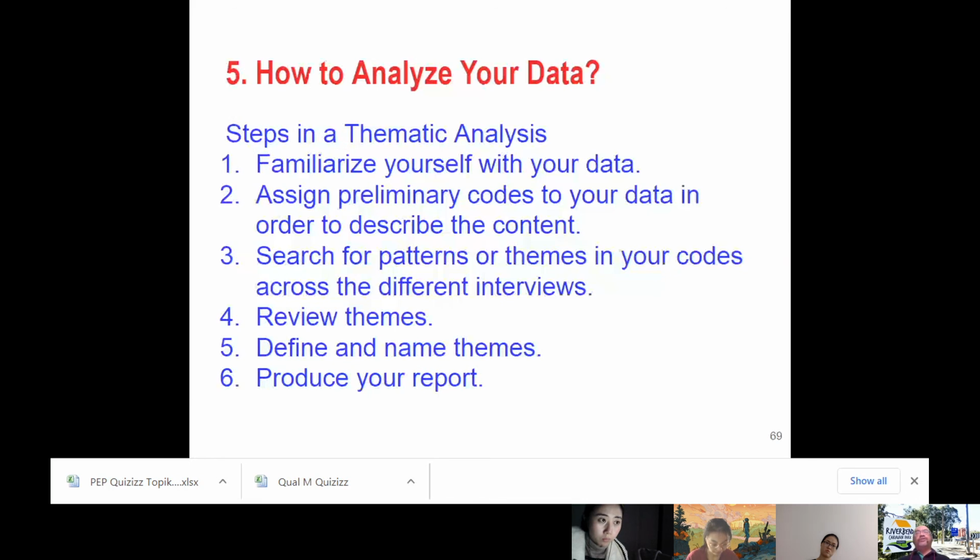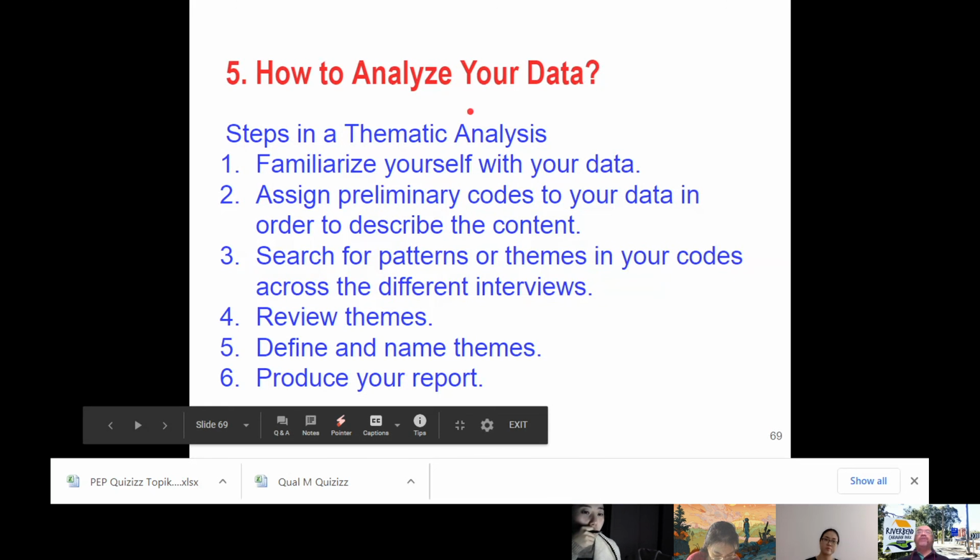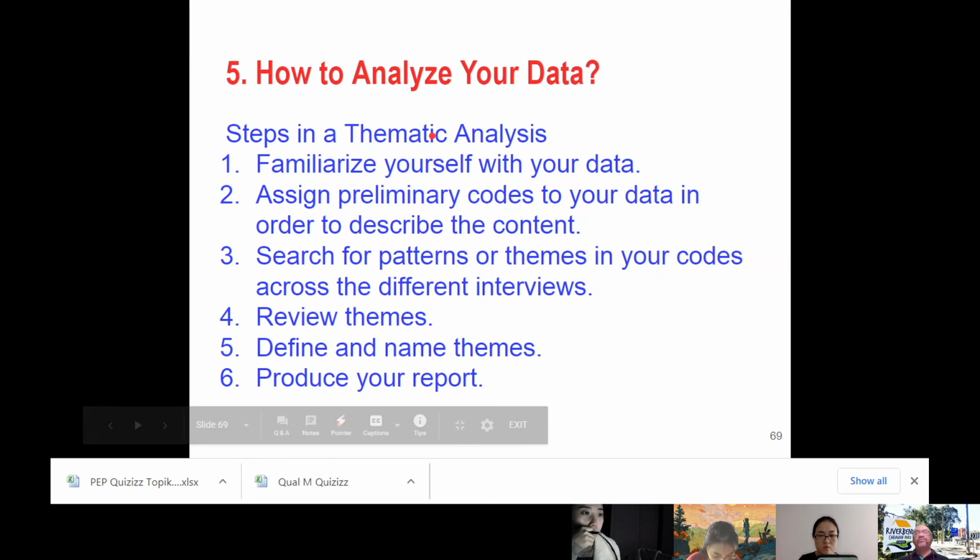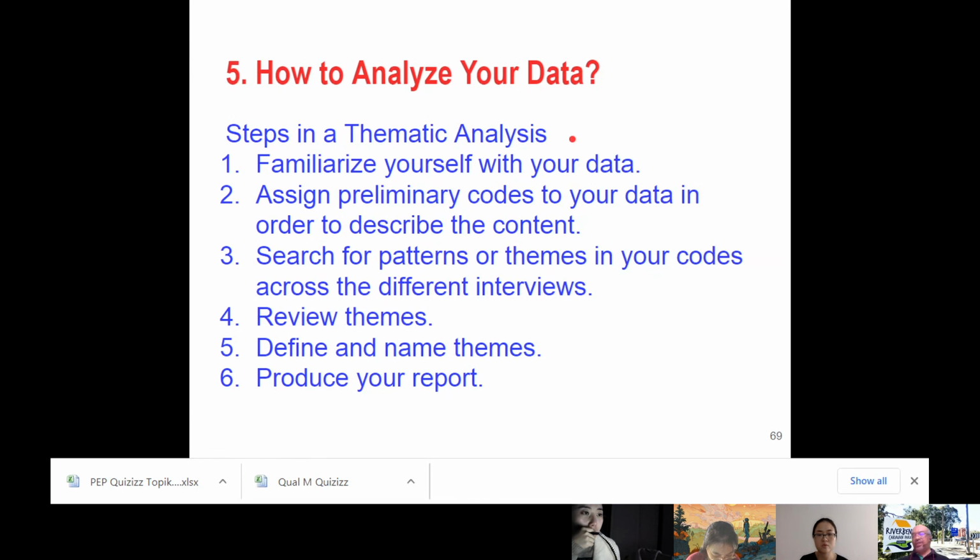For the qualitative one, in order to analyze the data, normally you do thematic analysis. The analogy is, for example, when you hear a conversation, you try to summarize it.